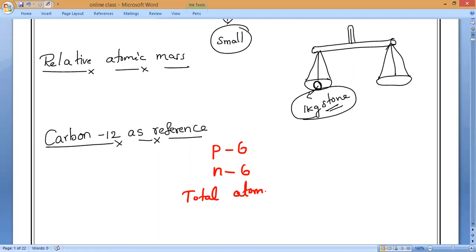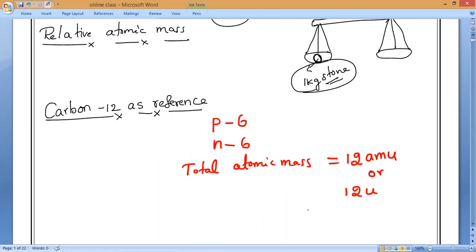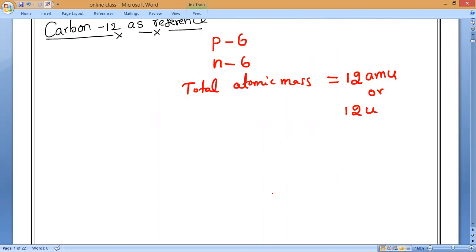What is the total atomic mass of carbon-12, which equals how much? 12 AMU, or I will say 12 u. What do we usually say? 12 AMU or 12 u.